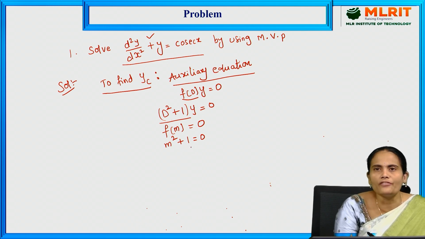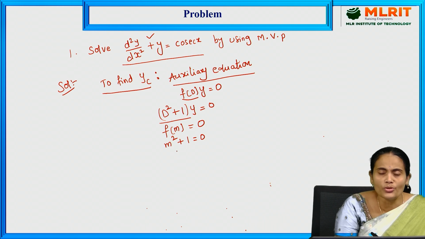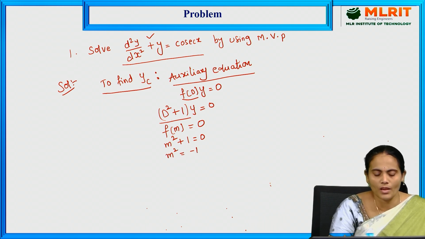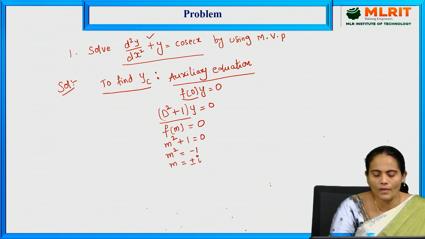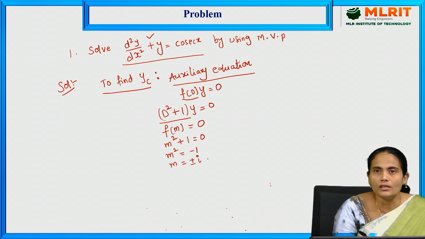Now we have to get the roots. M square is equal to minus 1, so m is equal to plus or minus i. Plus or minus i are complex roots.